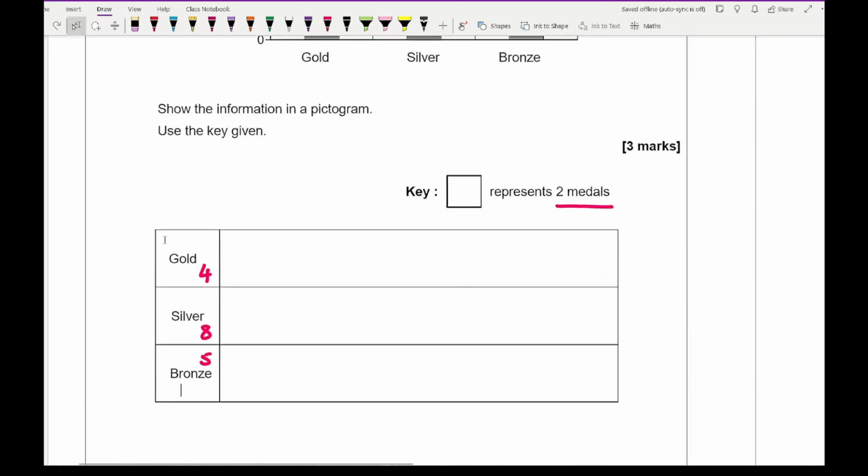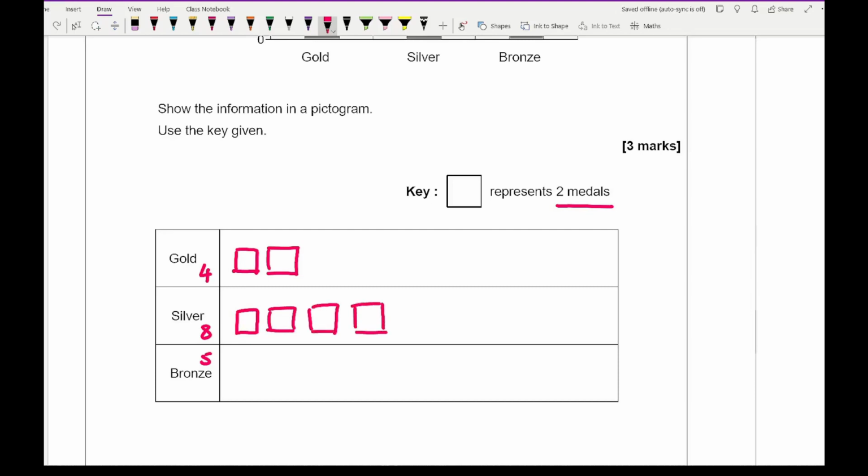If one box represents 2, I need to represent 4, so that's going to be 2 boxes. For silver, that's going to be 4 boxes, or something that resembles boxes. And for bronze, that's going to be 5, so that's going to be 2 and a half. And again, you can split the half diagonally, horizontally, or vertically as well.